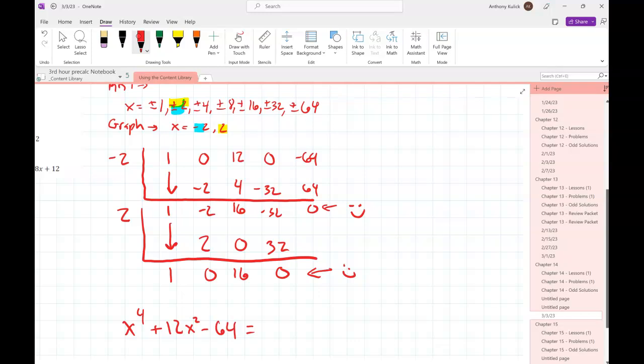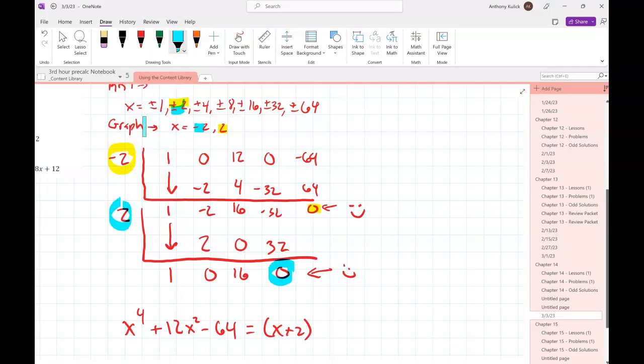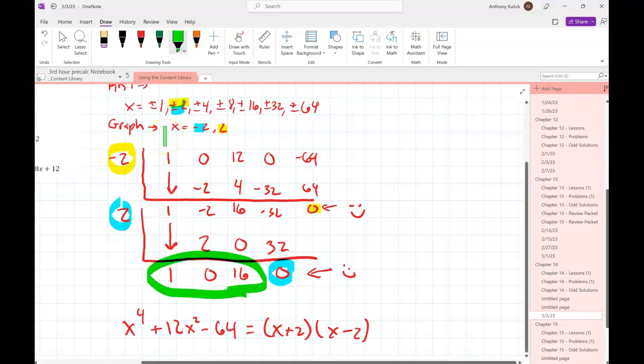So the way this is going to factor is I'm going to have an x plus 2 because negative 2 gave me a remainder 0. I'm going to have an x minus 2 because 2 gave me a remainder 0. And then I'm going to have an x squared plus 0x plus 16.